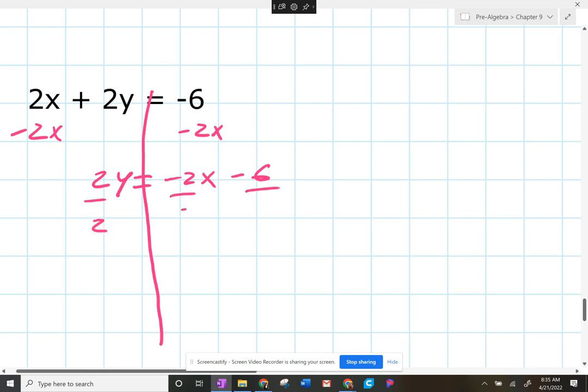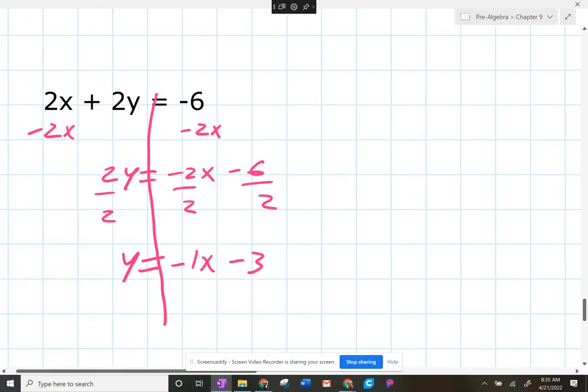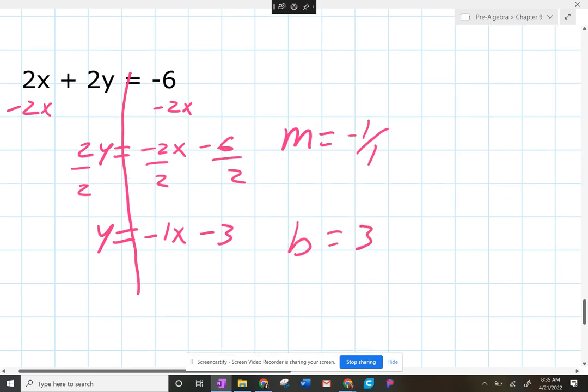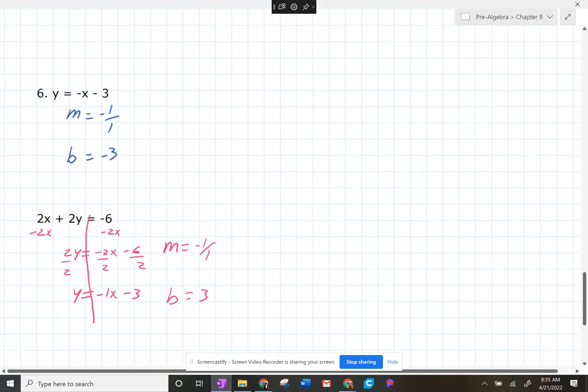All that stuff is going to get divided by 2, and I'm left with y equals negative 1x minus 3. So on this one, what's my m value? Negative 1 over 1. What's my b value? Negative 3. Okay. Time for me to graph.